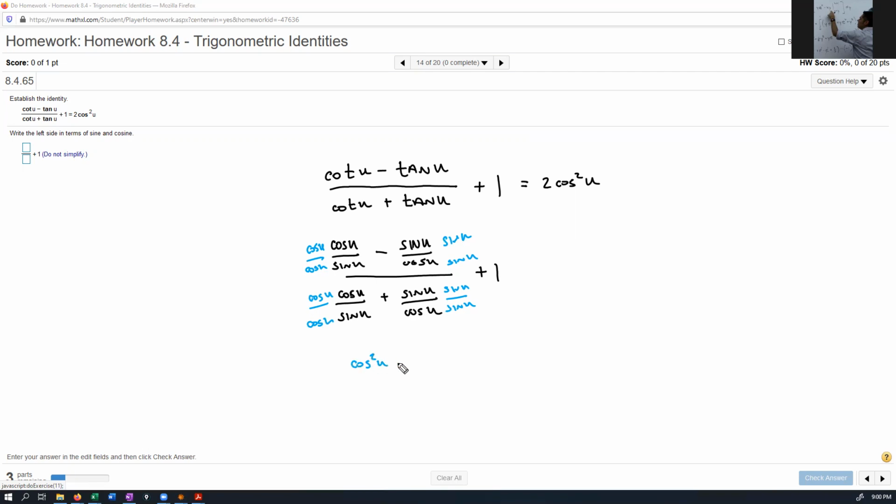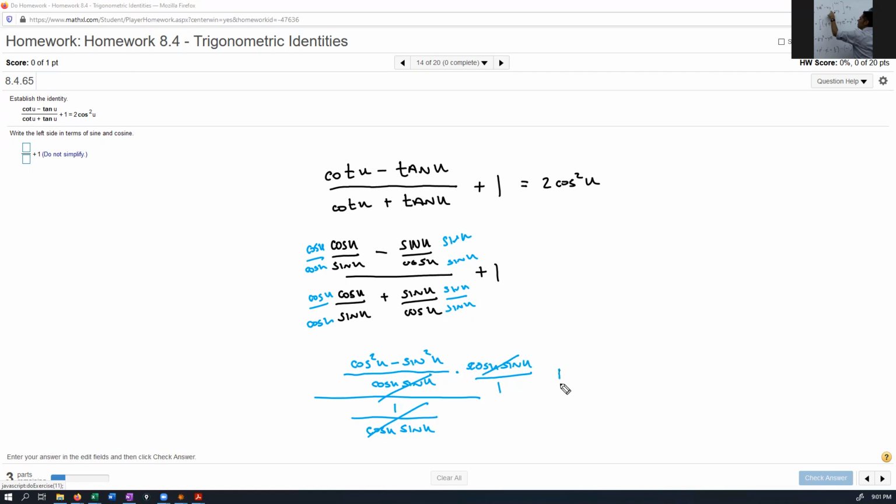Cosine squared u minus sine squared u over the common denominator, which is going to be cosine u sine u. All that over. Now this one does become 1. Cosine squared u plus sine squared u. That's 1 over cosine u sine u. Okay, I can flip this up. Cosine u sine u over 1, and then these cancel. And so I'm left with cosine squared u minus sine squared u, but I still have the plus 1.